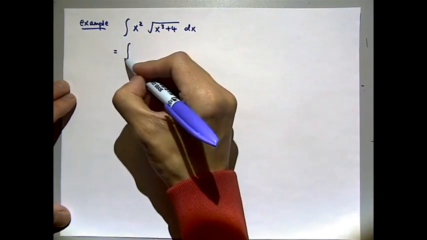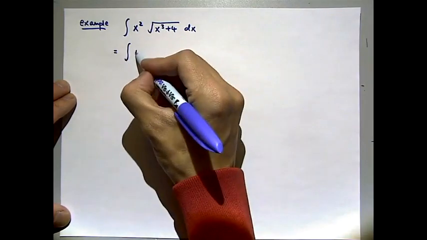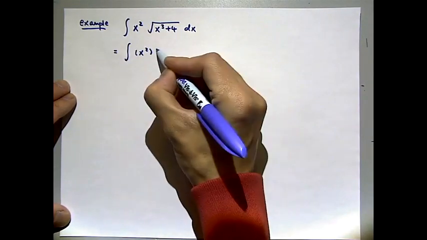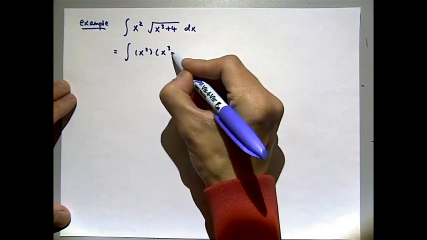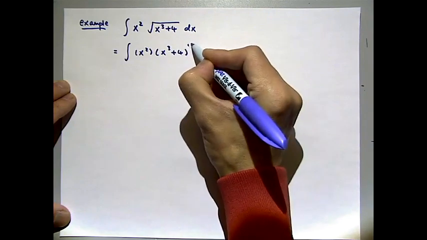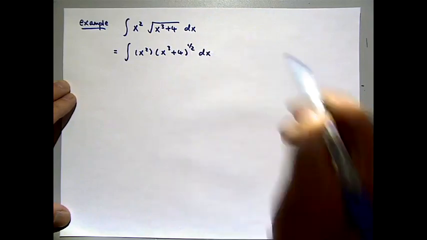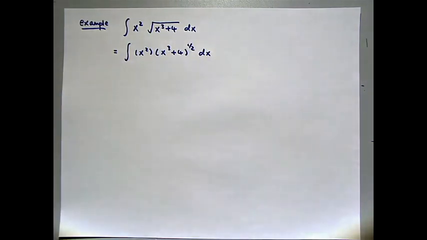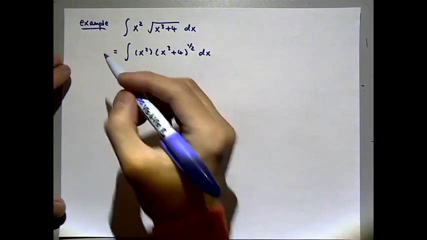Okay, the first step, all I'm going to do is rewrite our root as a power. That's all I'm going to do. The basic idea behind choosing u is you look at the integrand, the stuff you're integrating, that's called the integrand.